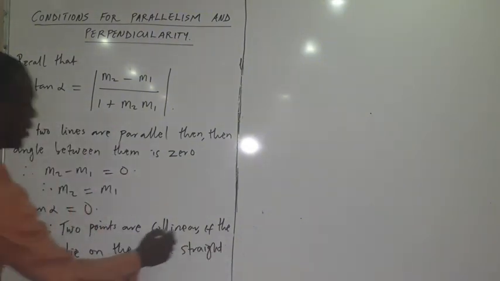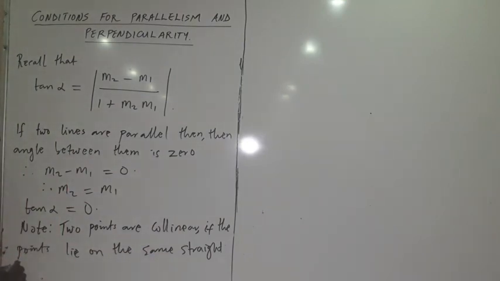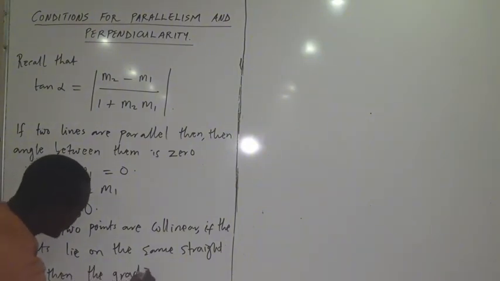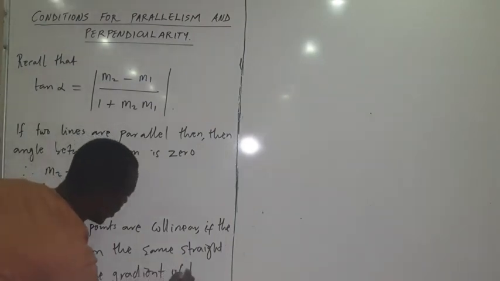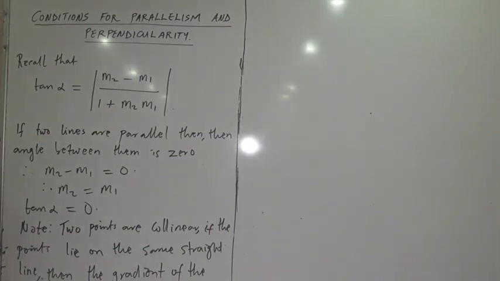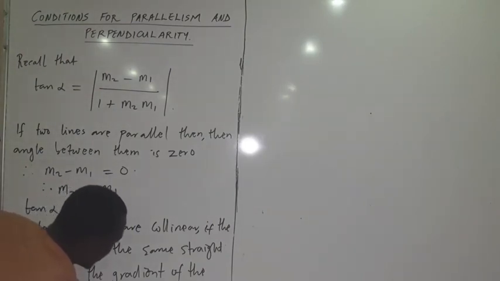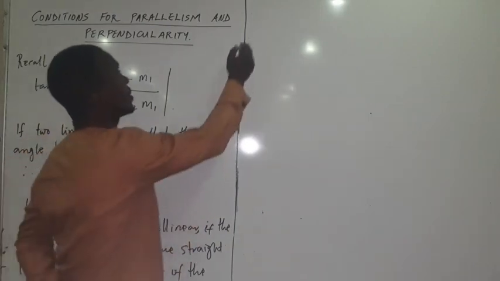Then the gradients of the two collinear points are the same.